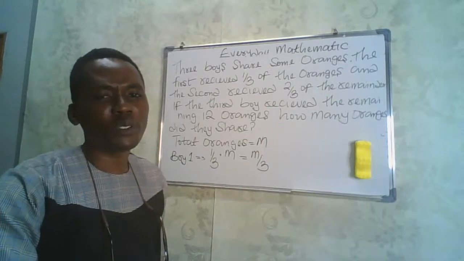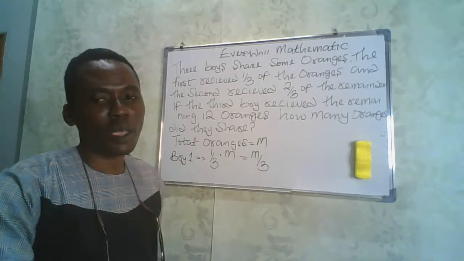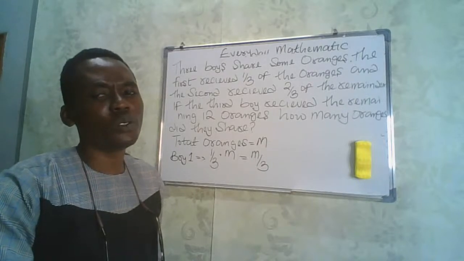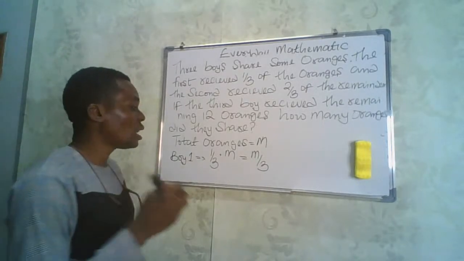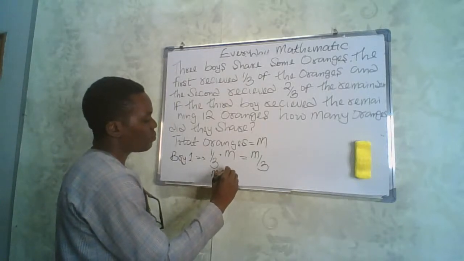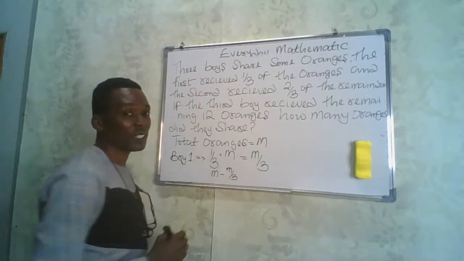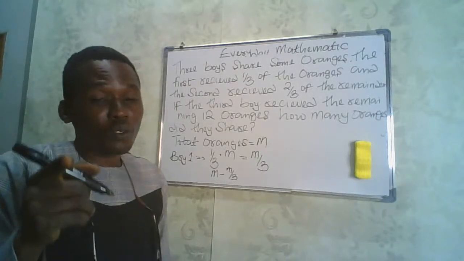Now, if the first boy receives m divided by 3, how many oranges will remain? The remaining oranges will be m minus m divided by 3, right? Because the second boy received a fraction of the remaining.